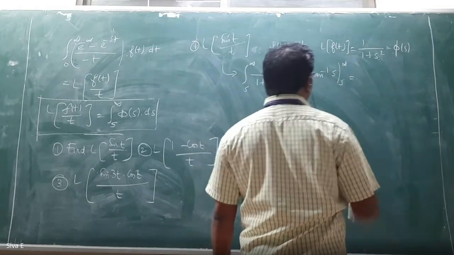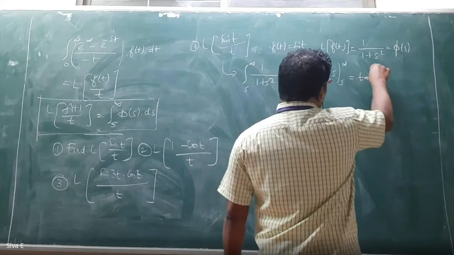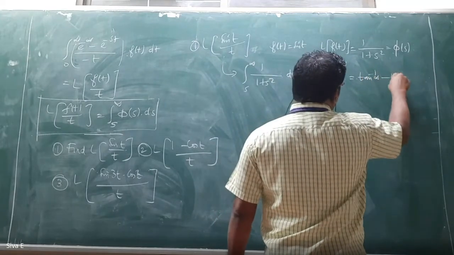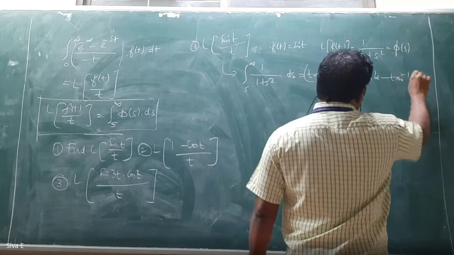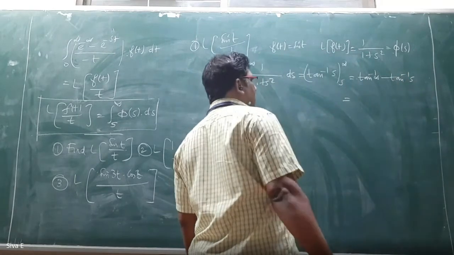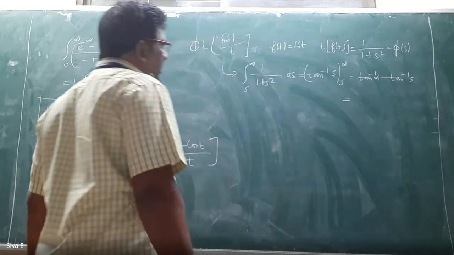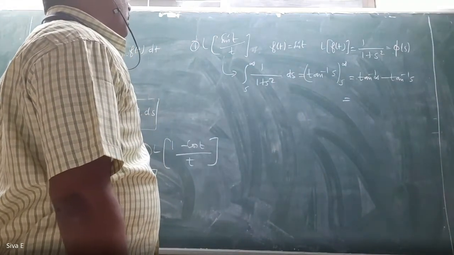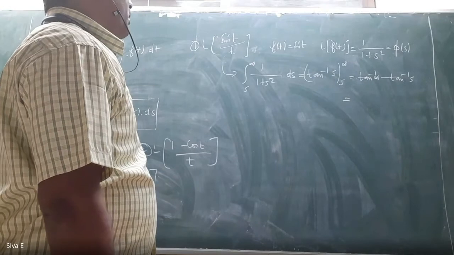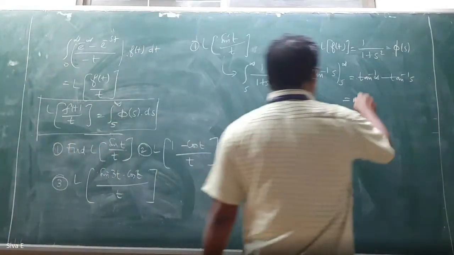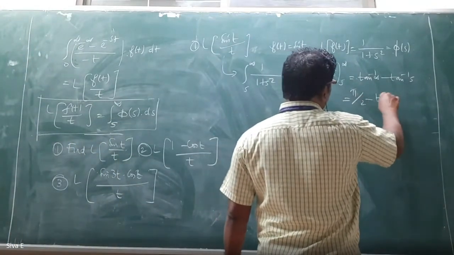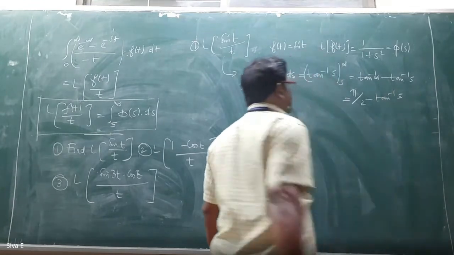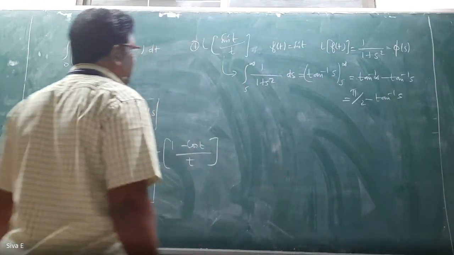Tan inverse of infinity minus tan inverse of s. What is tan inverse of infinity? Pi by 2. So pi by 2 minus tan inverse of s. This is the first problem.